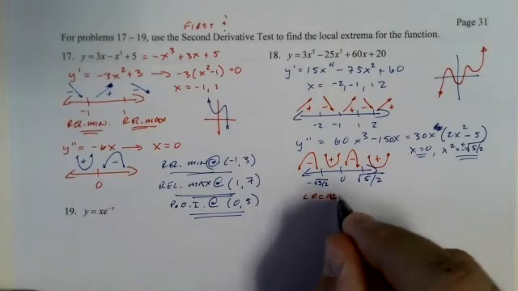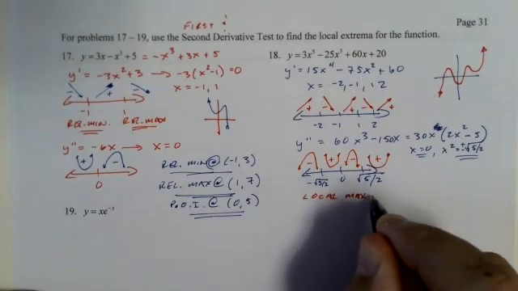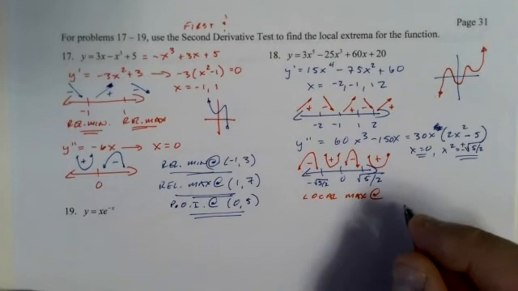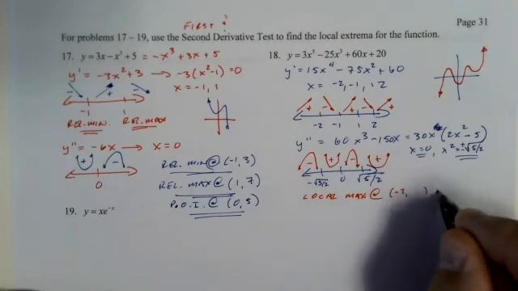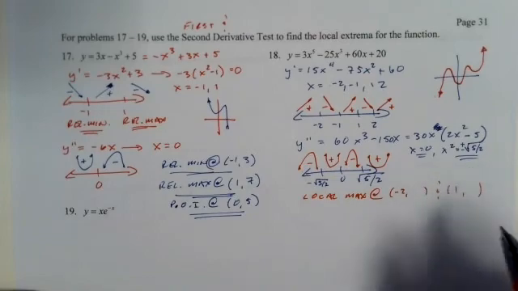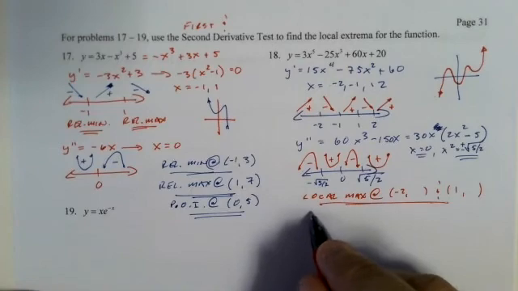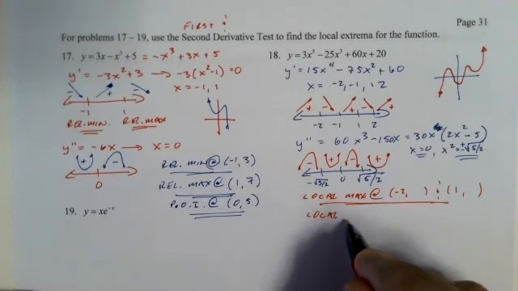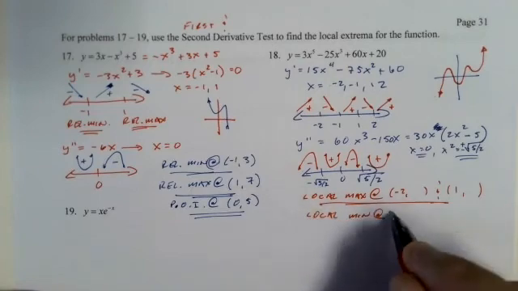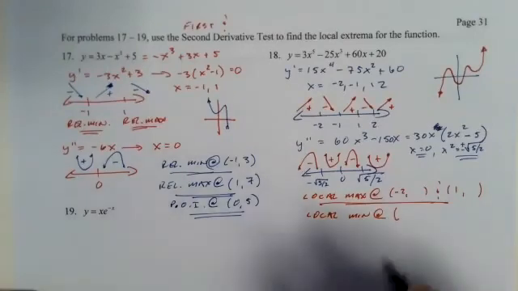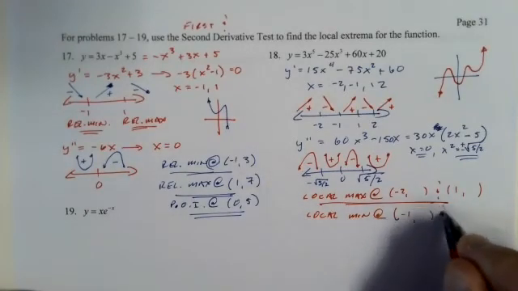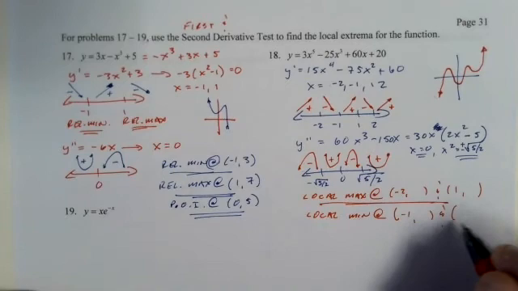Local max at 2 comma something and 1 comma something. We'll get that done in a minute. Local min at -1 comma something, 2 comma something.